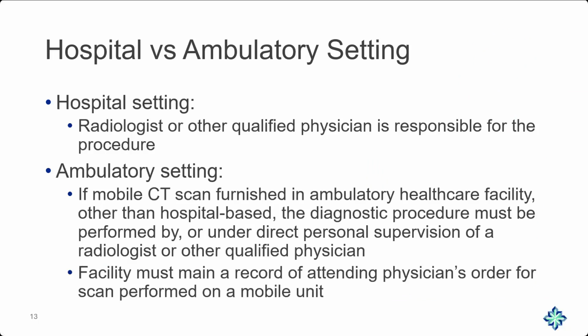First, CT scans performed on a mobile unit are subject to the same Medicare coverage requirements that are applicable to scans performed on a stationary unit, as well as certain health and safety requirements that are recommended by Health Resources and Services Administration. As with scans that are performed on stationary units, the scans must be determined to be medically necessary for that individual patient.